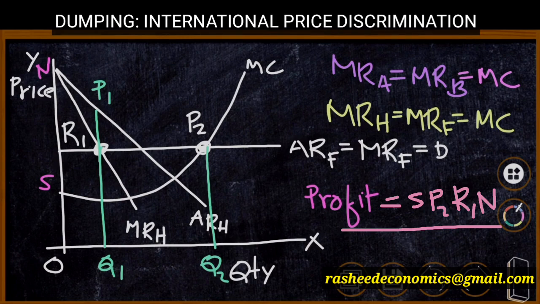Q2P2 is the competitive price and Q1P1 is the monopoly price. This pricing strategy provides maximum profit to the monopolist.